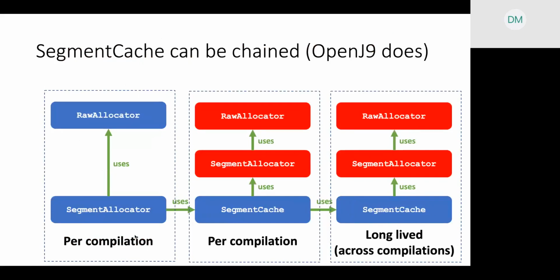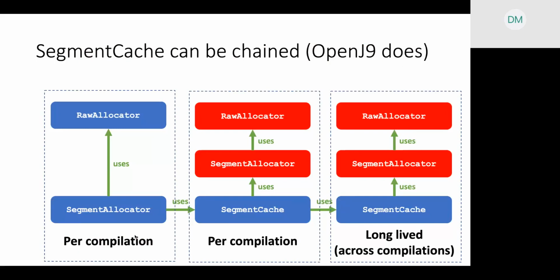And so either that segment allocator will find something in a cache or it won't. There's a per compilation cache of segments. So within a compilation, that middle segment cache is trying to cache segments that are being used within this compilation. And then in OpenJ9, there's actually another segment cache which lives across all of the compilations, which really only holds on to one segment, but it's just a degenerate example of a segment cache.